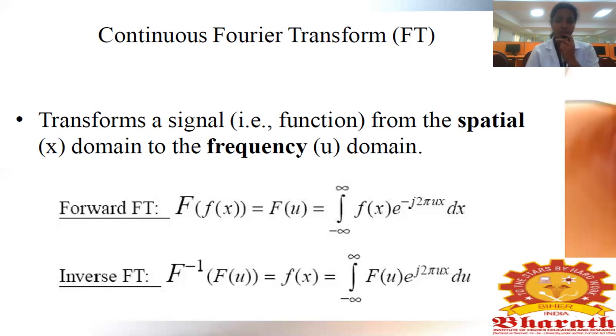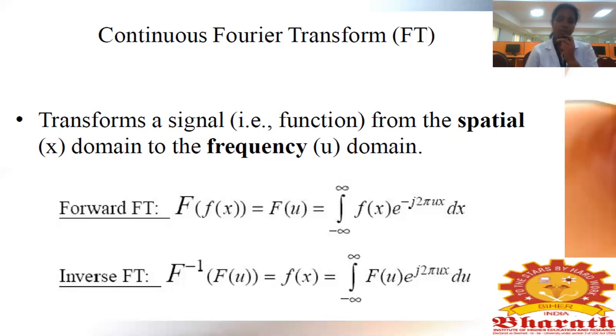You have to notice one more thing. In the continuous Fourier transform, how many variables have we used here? Only one. Because we have operated on only one variable, you call this the one-dimensional continuous Fourier transform.